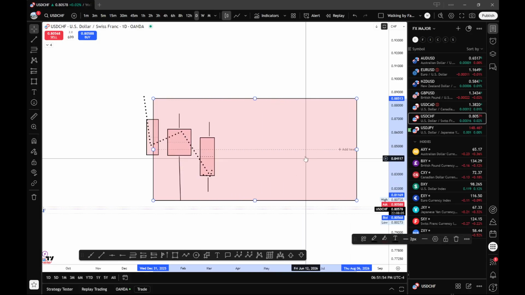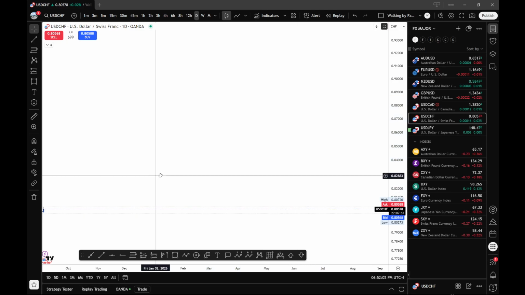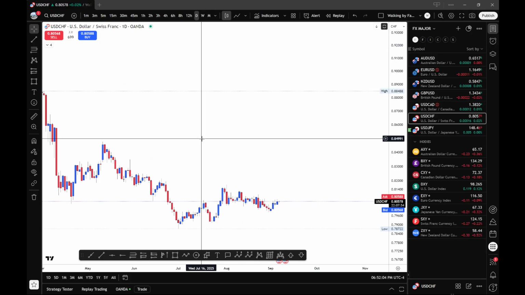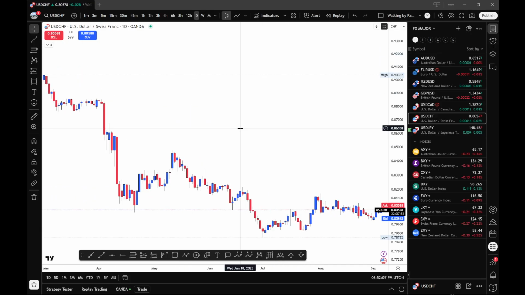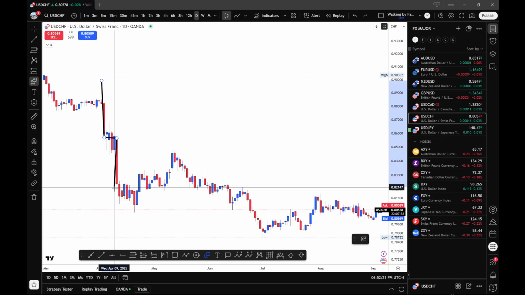So this whole zone will become my sell opportunity zone. But let me show you how it looks in the charts, right? And another thing, you could have multiple bases. You see how the market right here is dropping, and then it's kind of going sideways, but sideways going down, and then this one just drops, right?